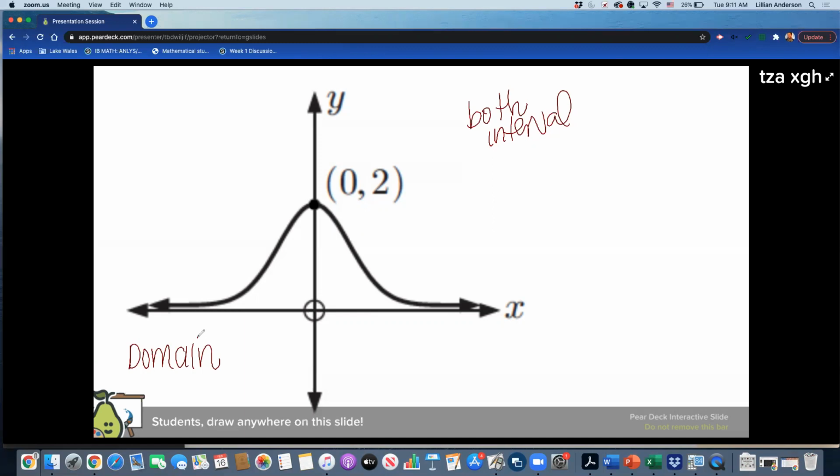So when you take a look at this graph, it's going all the way to what value to the left? Negative infinity. So you're going to write negative infinity because it's always your smallest numbers to your largest numbers. And what's all the way to the furthest right? Positive infinity.